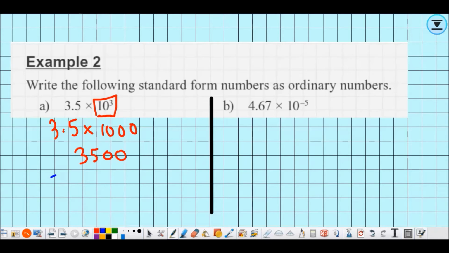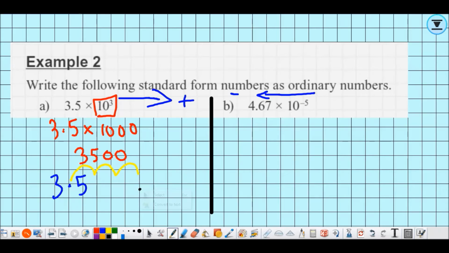Now let's just do the reverse of what we've done on the last page. Now remember, if I'm making it bigger, positive value, my decimal point's going this way to the positive. If it's a negative value, it's going this way to the negative. So put my McDonald's arches in. 1, 2, 3.